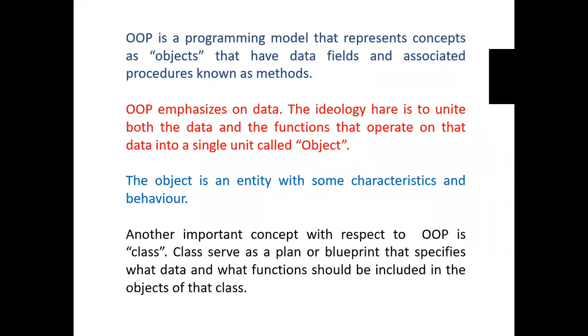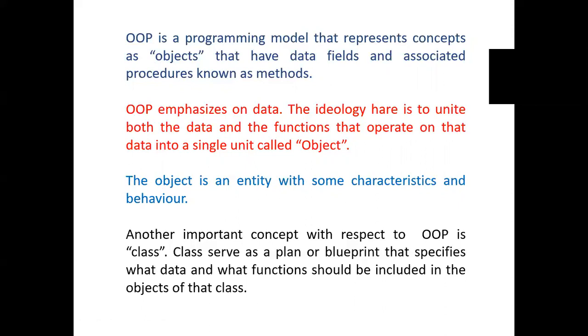Then you learned OOP is a programming model that represents concepts as objects. Then we studied the main idea behind OOP, that is, the ideology here is to unite both data and functions that operate on that data into a single unit called an object. Then we defined one more definition, that is, an object is an entity with some characteristics and behavior.